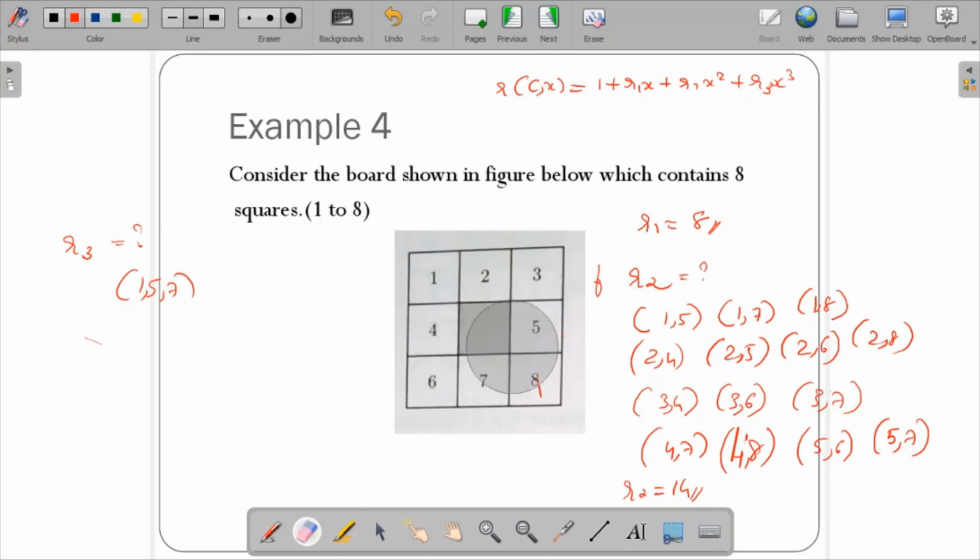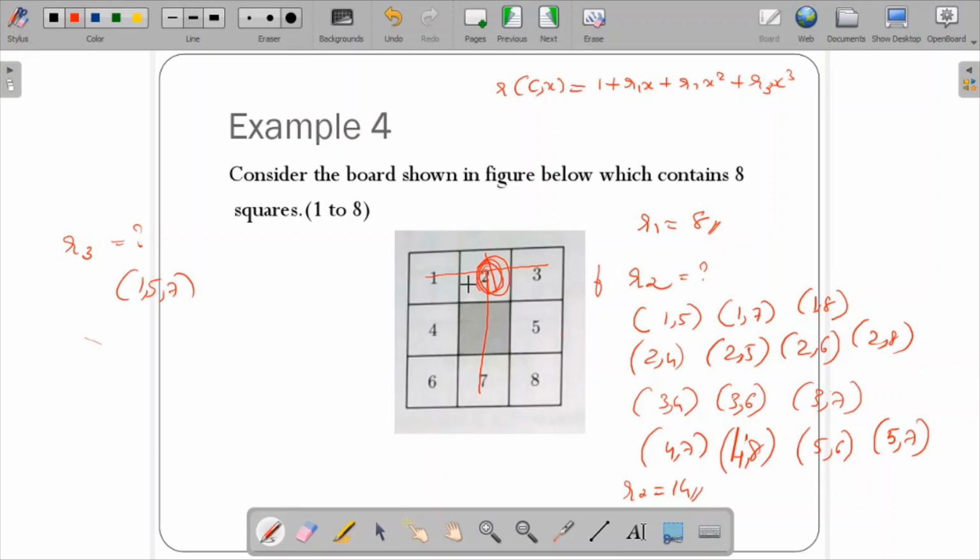Next we'll come to 2. When I come to 2, this will not be there and this entire straight line will not be there. But this 2 should be paired, right?